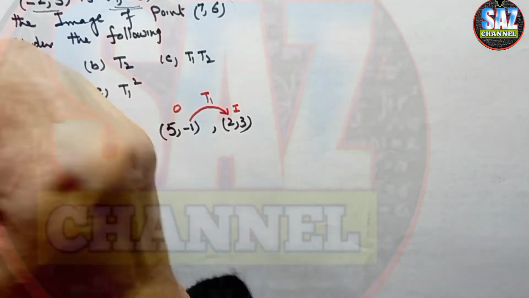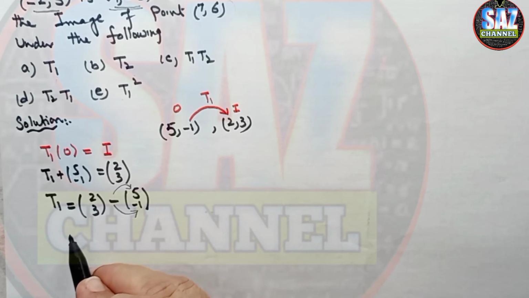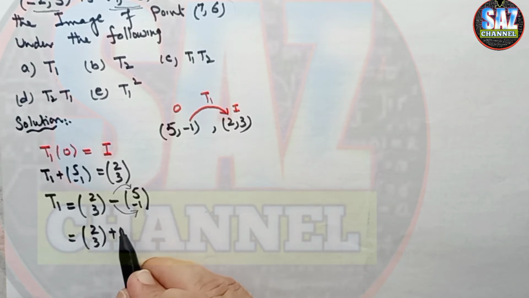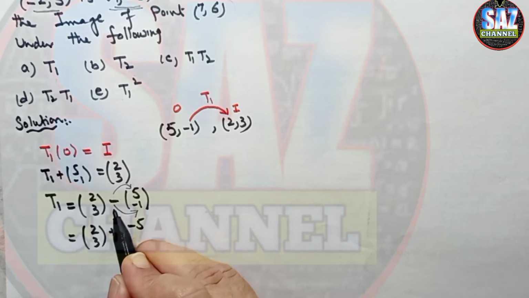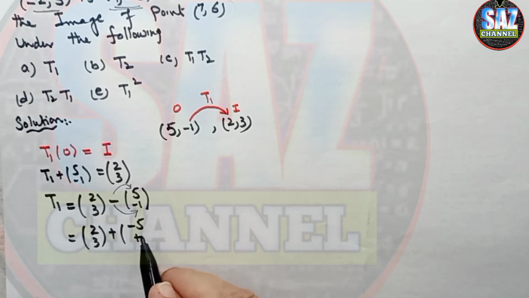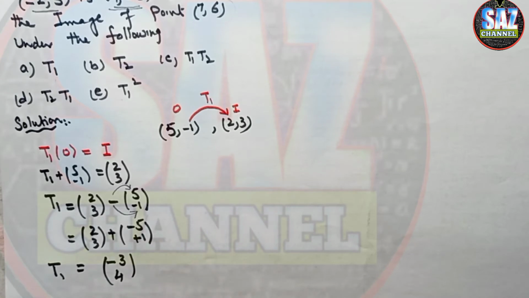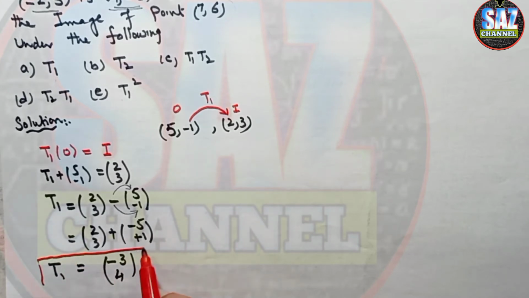For understanding of this lesson, you should also have the command on the simplification of the column matrices. 2, 3, and this will become minus 5 and minus multiplied by minus is plus. So the T1 vector will be 2 minus 5 is minus 3 and 4. So this is the T1 vector. Let me block the answer, minus 3 and 4.